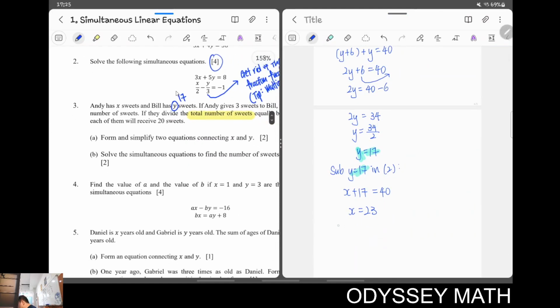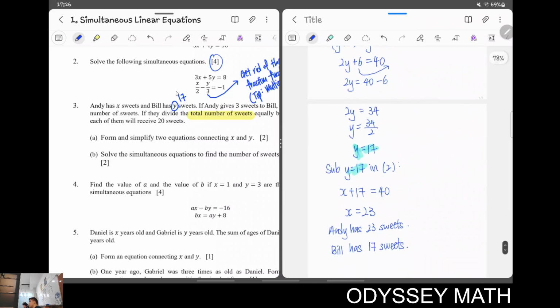You need to write down in English to complete the answer, just to play safe. So Andy has 23 sweets and Bill has 17 sweets. So that is for question number 3.